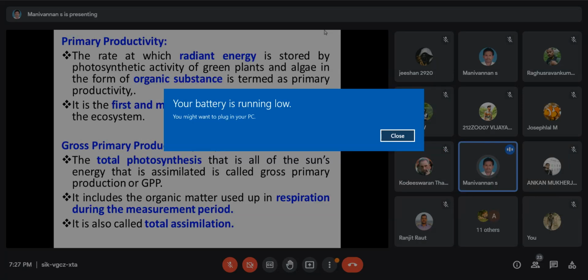All of the sun energy that is assimilated is called the gross primary production. How much solar energy is converted into the chemical energy, that is the gross primary production.